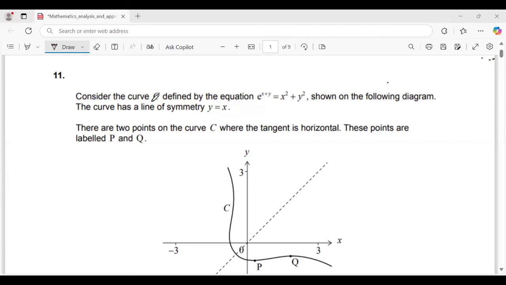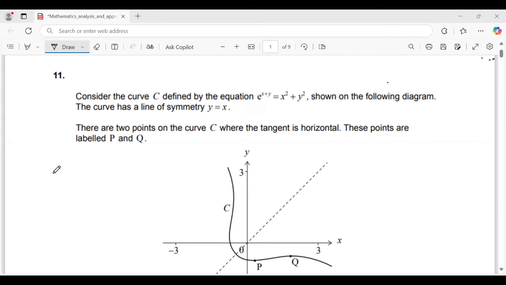Consider the curve C defined by the equation e to the power x plus y equals x squared plus y squared, shown on the following diagram. The curve has a line of symmetry y equals x. This is the curve C. There are 2 points on the curve C where the tangent is horizontal.